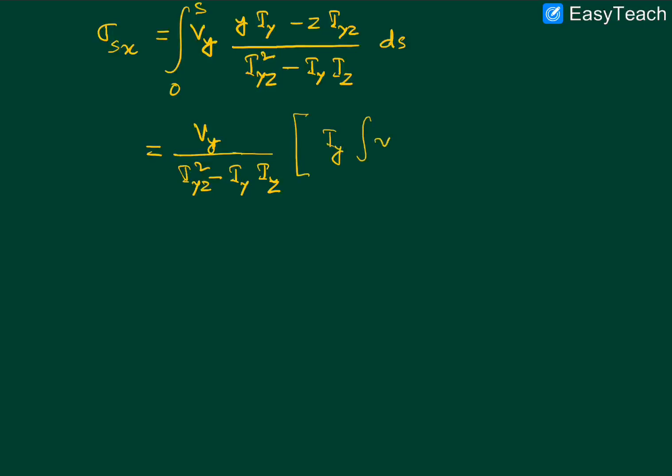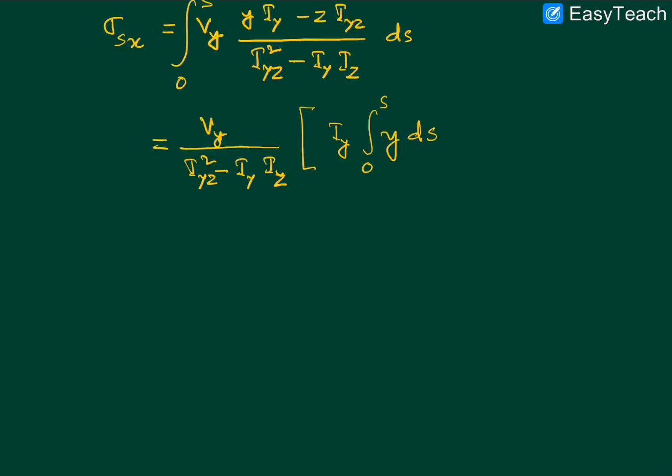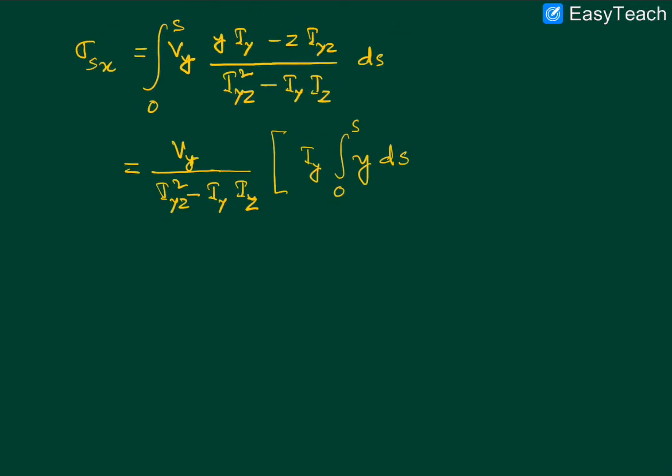So Iy comes out, but the y stays inside, integration from 0 to s, minus Iyz integration from 0 to s z ds.